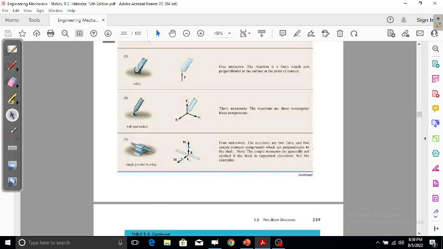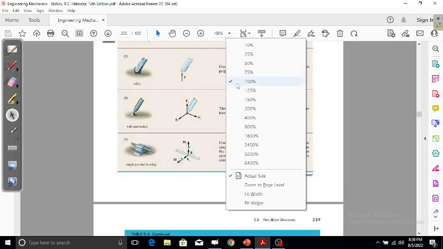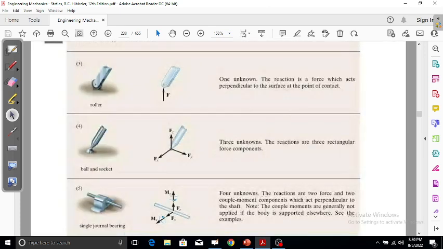The reactions are two forces and two couple moments which act perpendicular to the shaft. So 4 reactions, 1, 2, 3, 4. But he says the couple moments are generally not applied if the body is supported elsewhere.